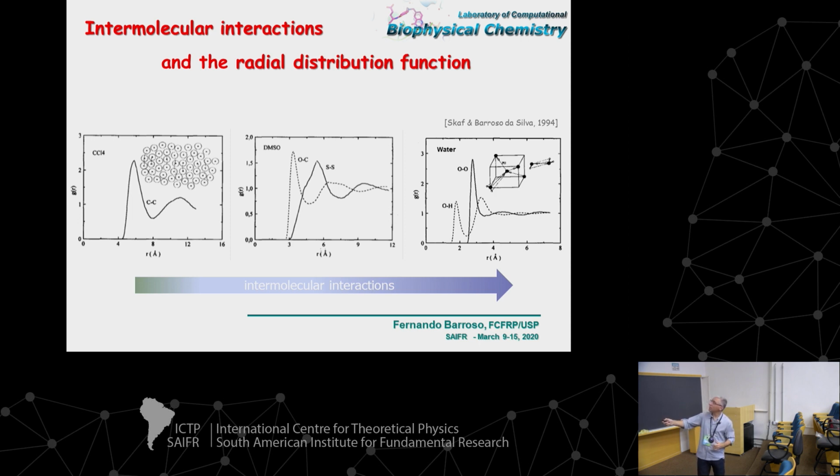So we increase the intermolecular interactions in this direction. And as you can see, the peak starts to be a little bit sharper and higher when we go from something that's apolar to something that can make hydrogen bonds. So this is an example of how I can use the radial distribution function to tell me something about the structure of the liquid, the structure of my system.